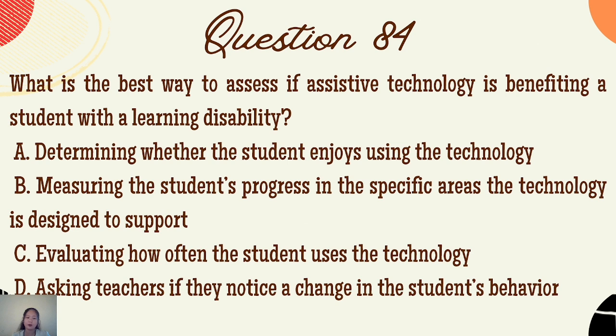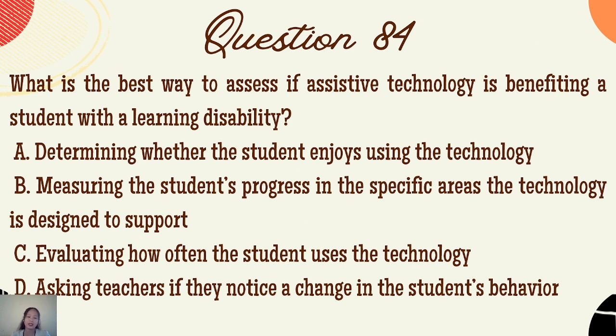Why? The purpose of assistive technology is to improve performance in specific areas like speech and writing. For example, if a speech-to-text tool improves writing quality and completion rate, it's working.